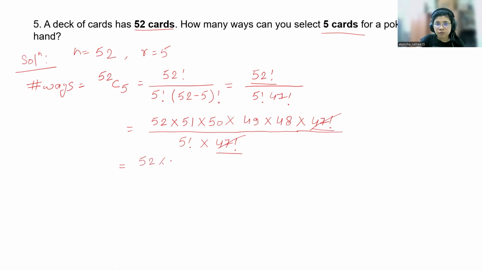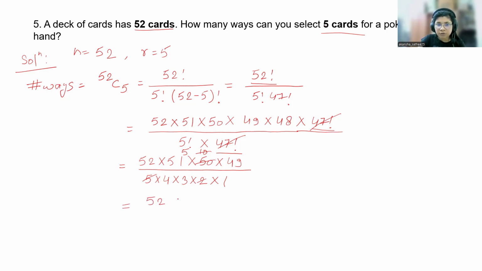52 into 51 into 50 into 49 divided by 5 factorial. 5 factorial means 5 into 4 into 3 into 2 into 1, right? This 5 and this 50 will give you 10, right? And this 2 and 10 will give you 5. This you can easily use your calculator and do this calculation.